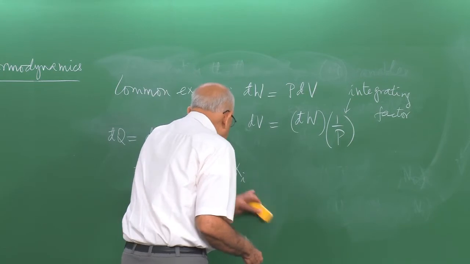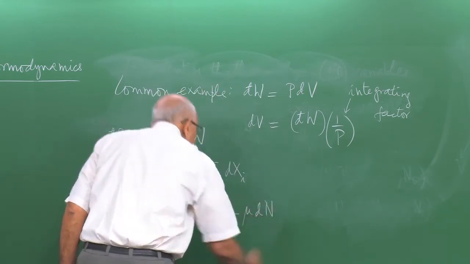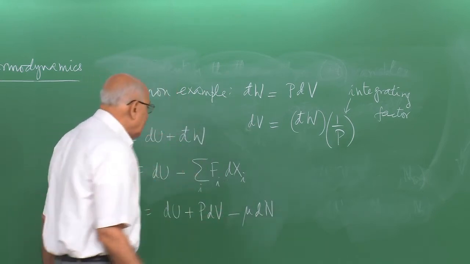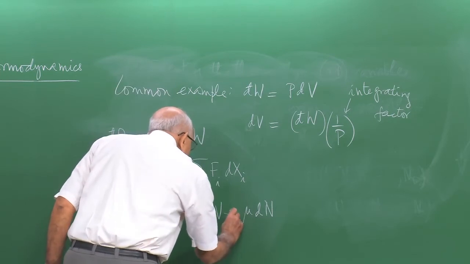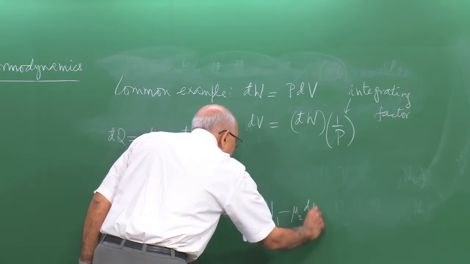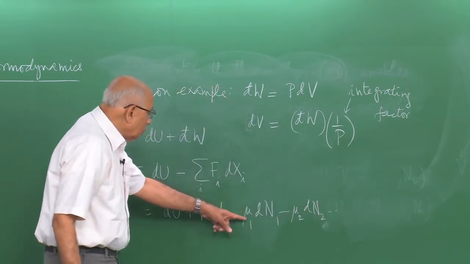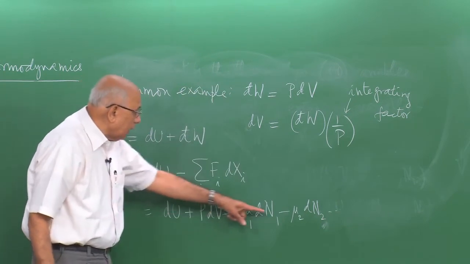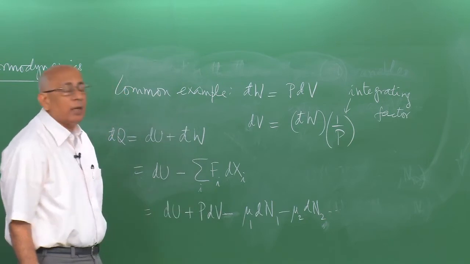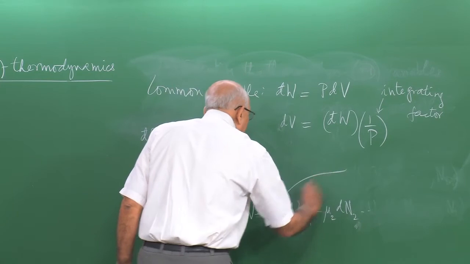This is equal to, the first term here is minus mu dn, and you must use one of these for each chemical component, and therefore really the law is minus mu1 dn1 minus mu2 dn2 etc., where this mu is the conjugate variable to the corresponding n, just as P is the thermodynamic conjugate of the volume V. This mu is called the chemical potential.